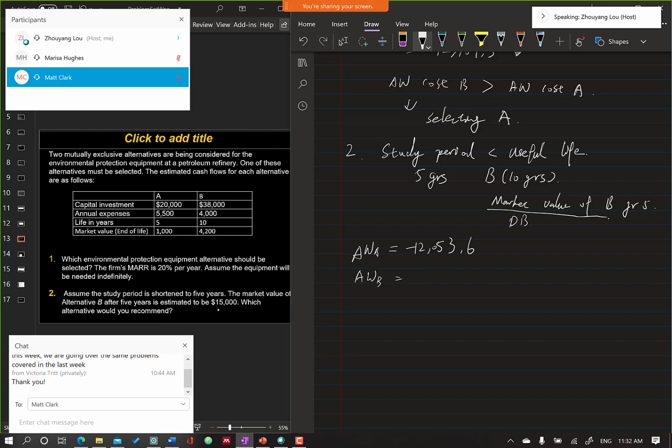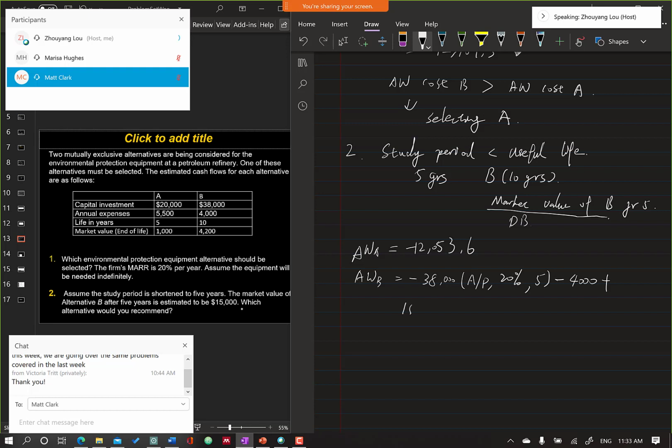We first have the investment at year 0, the present. Convert that to the annuity given the present worth, 20%, and for 5 years. Annual expenses are still the same, 4,000, and now we update the market value information and use the new market value given in question 2.